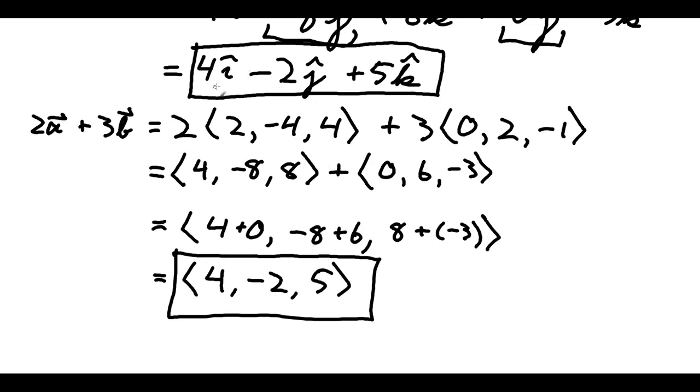So when you see something like 4i minus 2j plus 5k, there are 2 equivalent ways to think about this. You could think of i, j, and k as just formal symbols indicating the 3 components, 4, -2, and 5. Or you could think of 4i as a vector that's 4 units long pointing in the positive x direction. -2j is a vector 2 units long pointed in the negative y direction. 5k is a vector 5 units long pointed in the positive z direction.